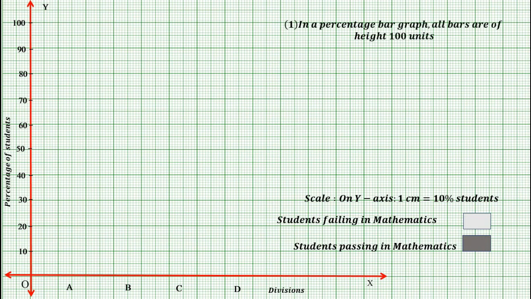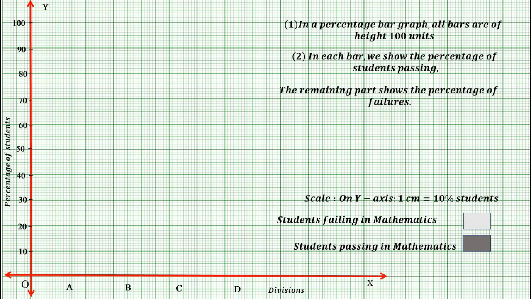So first, in a percentage bar graph, all bars have a height of 100 units. So we just mark that up to 100. Second, in each bar we show the percentage of students passing, and the remaining part shows the percentage of failure.